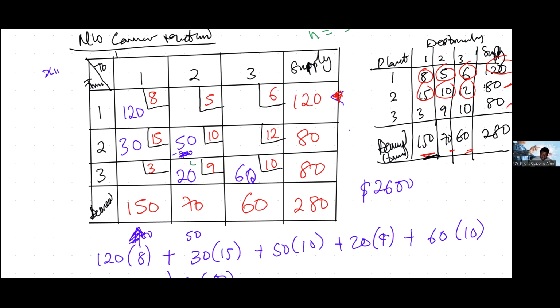So how do we then allocate using the Vogel approximation method? That is the VAM.